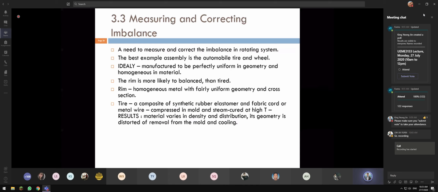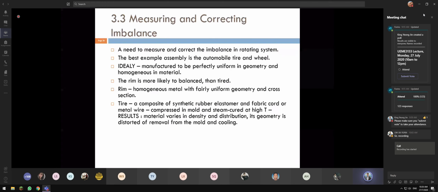Okay, so that is what we do in theoretical calculation when we have all the data for the unbalance. Then we can easily find the amount of balance weight that needs to be put into the system.